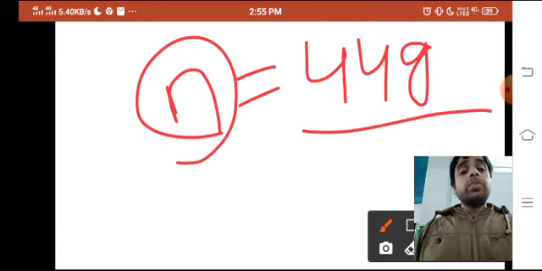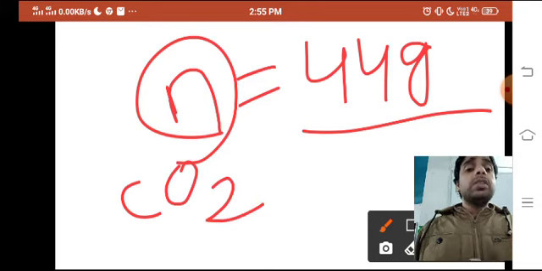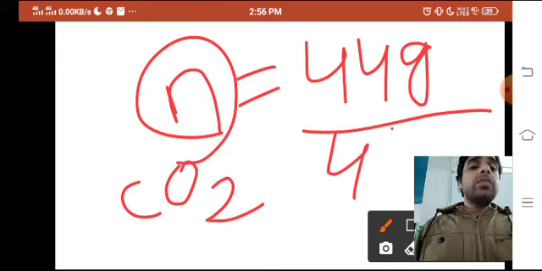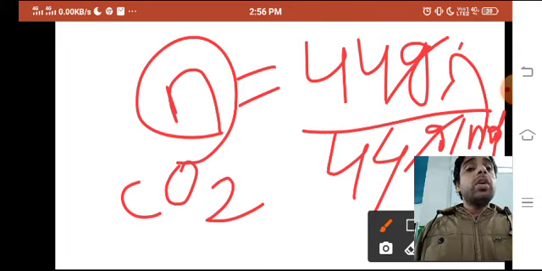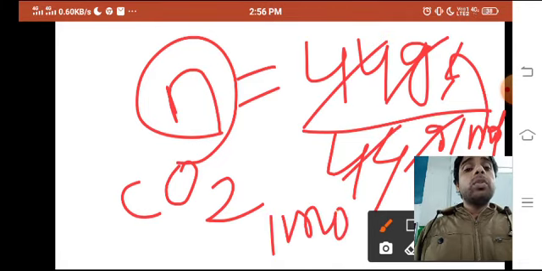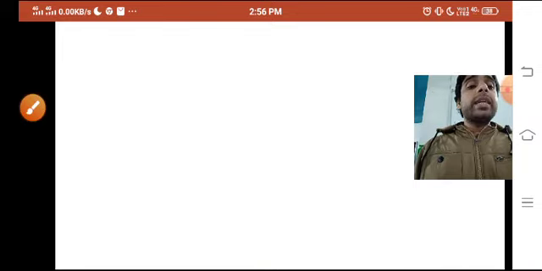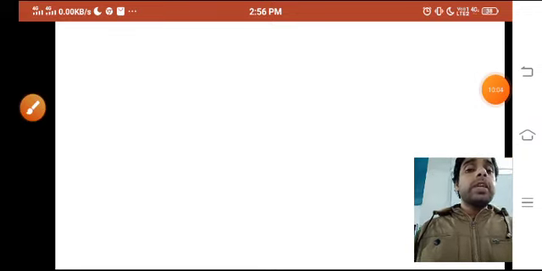It depends on you how you calculate. The molar mass of CO2 is 44 gram per mole. The gram cancels, mole goes upside, 44 cancels out, so 1 mole would be there. You can calculate all these things by yourself.